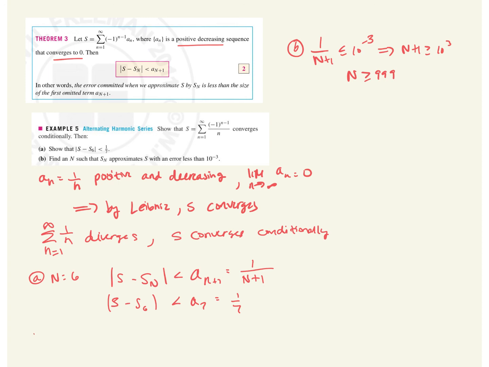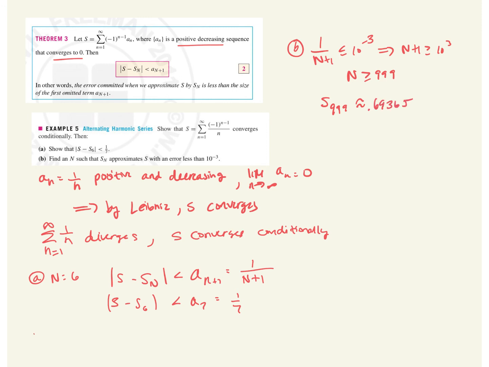Okay, so we're going to specifically look at S sub 999, which is approximately equal to, using a computer algebra system, and this is coming from the textbook, 0.69365. Right?